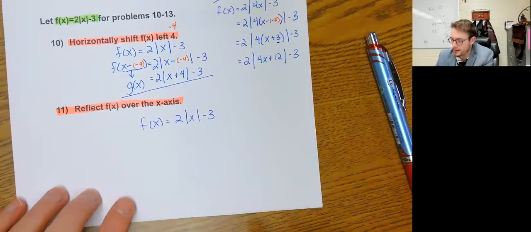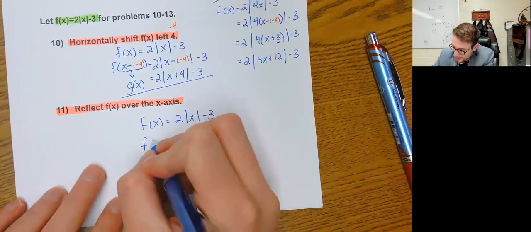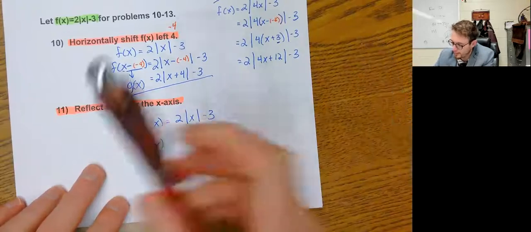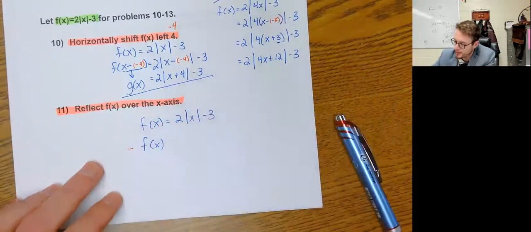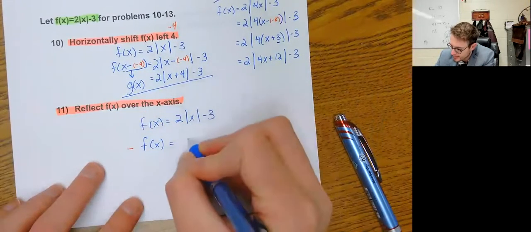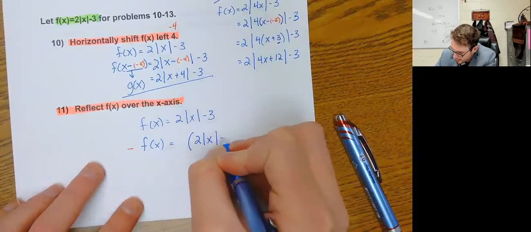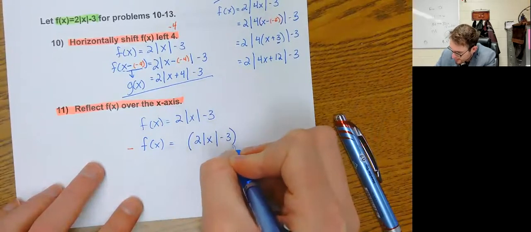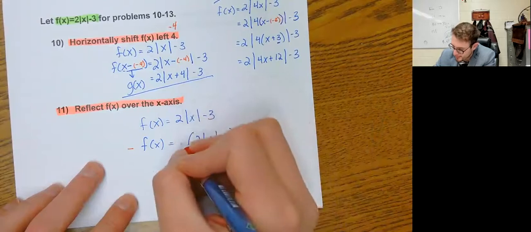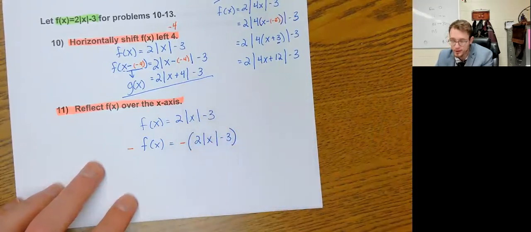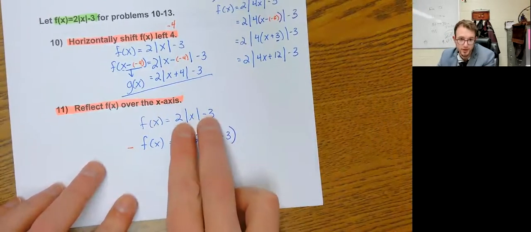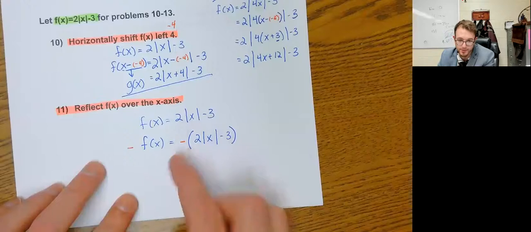Reflection over the x-axis. That means that we're going to multiply the entire function by a negative. The whole function, all right, by a negative.